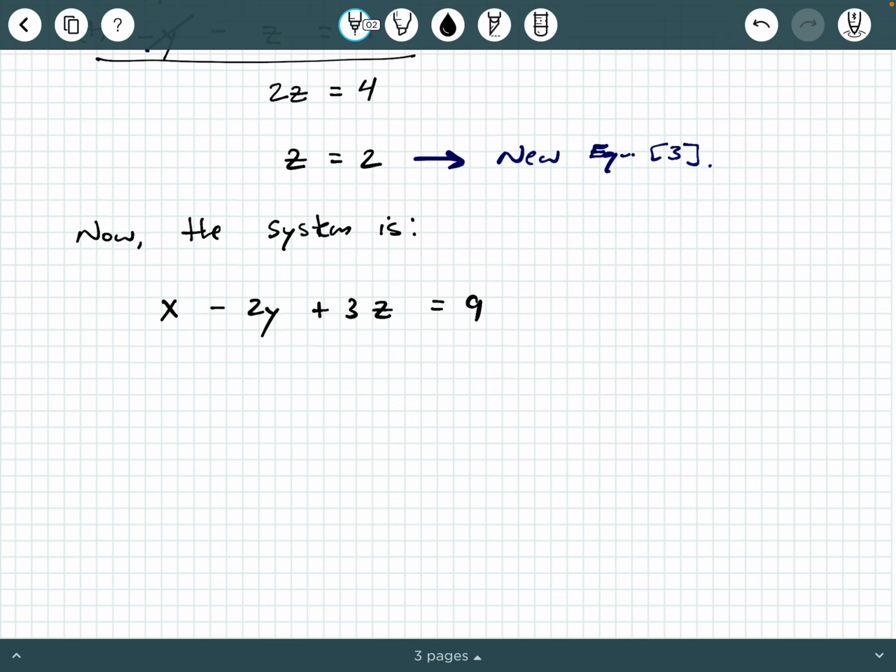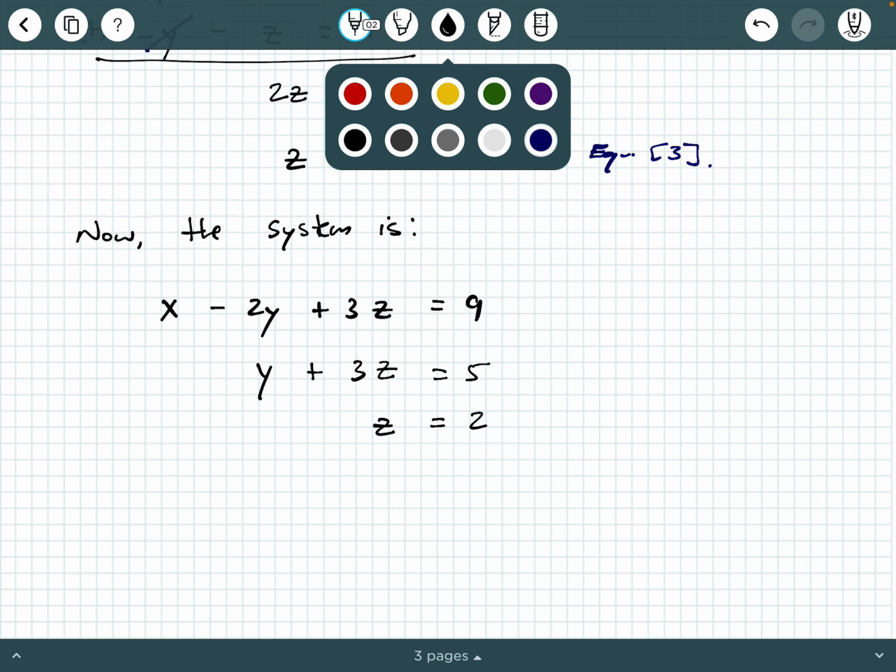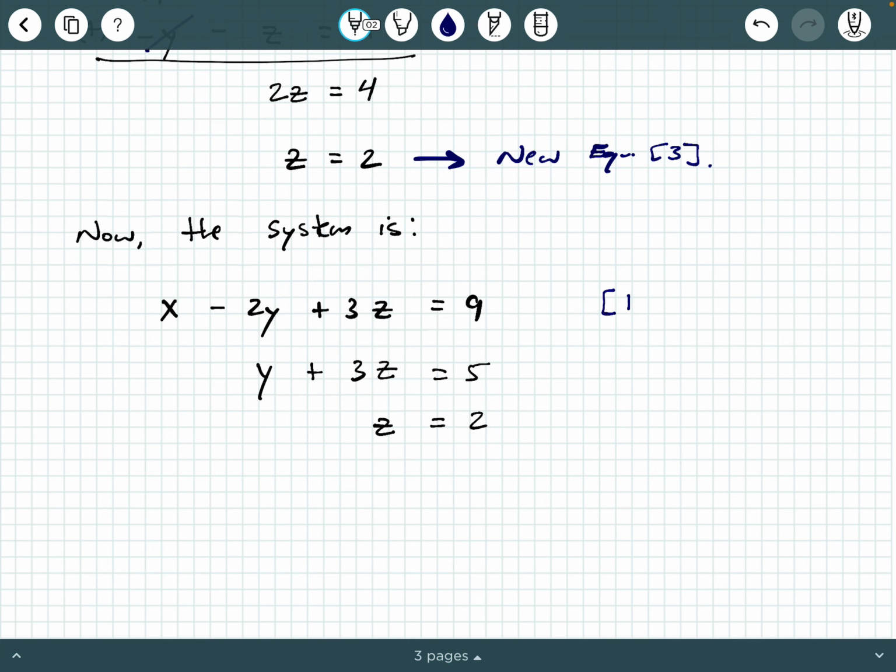And then the second equation is y plus 3z equals 5. And then we just got a brand new equation 3 of z equals 2, okay? And so this is our updated system with equation 1, an updated equation 2, and then a double updated equation 3, okay?